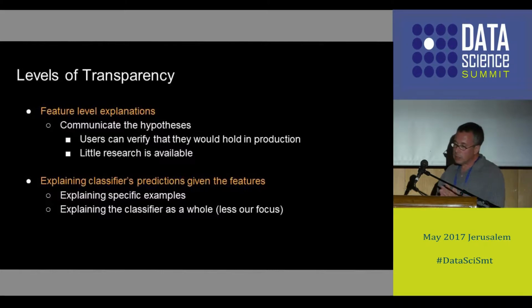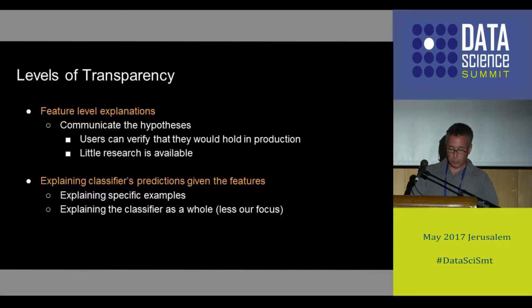Now, when we speak about explanations, or when we speak about transparency of machine learning systems, I would like to focus on two fundamental levels of machine learning systems. The first one is the feature level, and the second one is the classifier level. On the feature level, the goal is to communicate the hypothesis used by the classifier to domain experts, to the users.